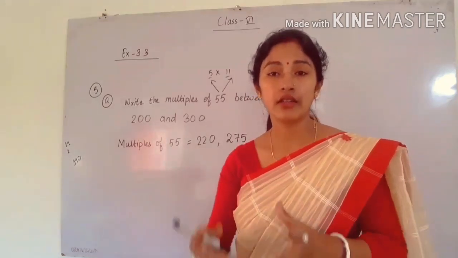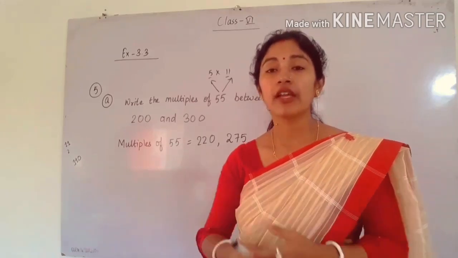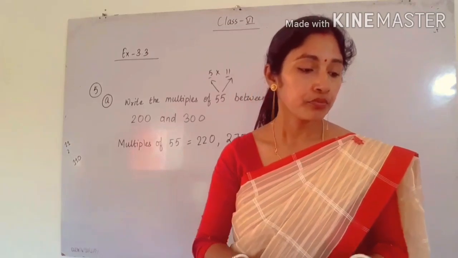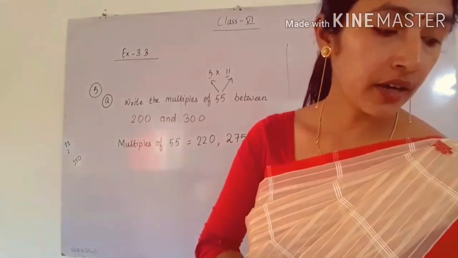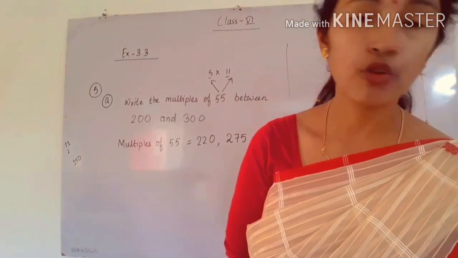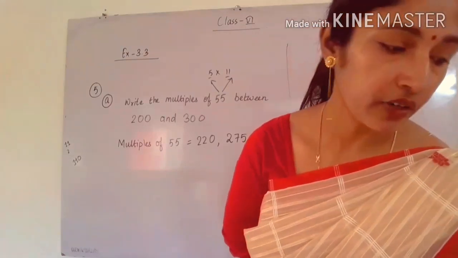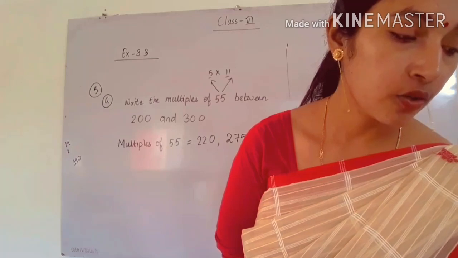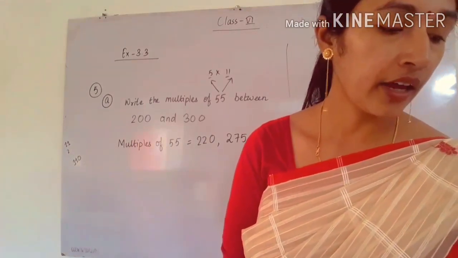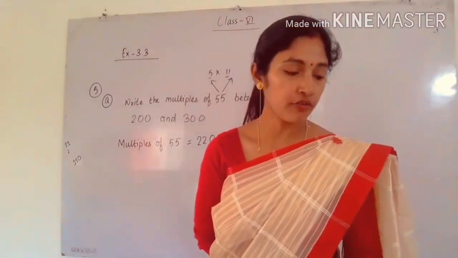That means in the product we will get the unit place as 0. So number A is 670. This is a multiple of 10. Number B is 6432. This is not a multiple of 10. Number C is 8901. This is also not a multiple of 10. D is a multiple of 10, and F, that is 40, is also a multiple of 10.